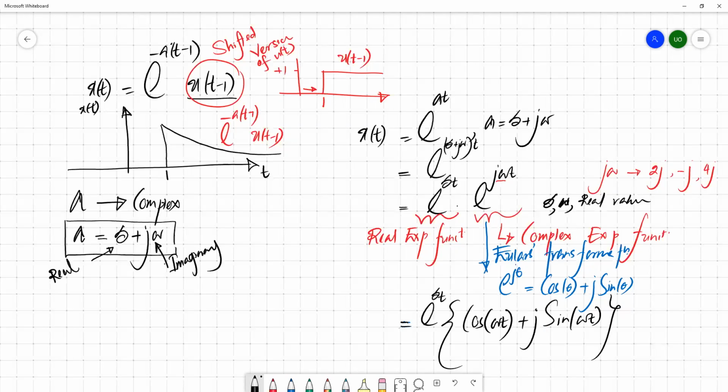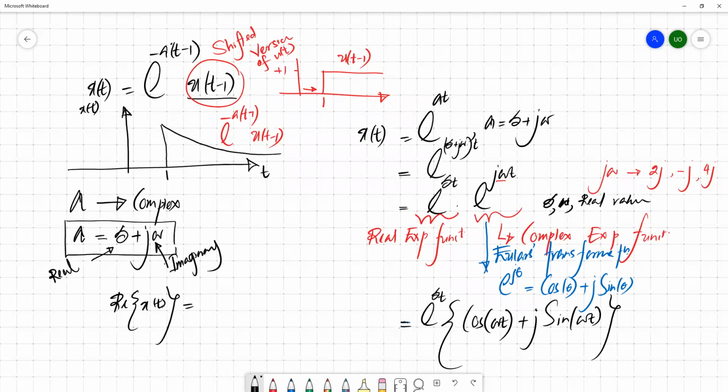So we have this e to the power sigma t here, and this complex exponential is transformed into a complex number, cos omega t plus j sin omega t. From this, we can get the real component of x(t).